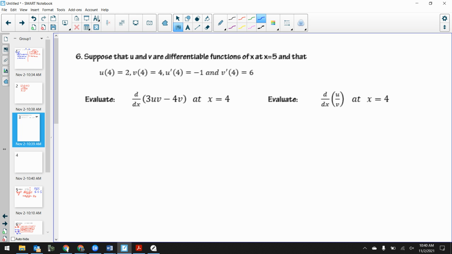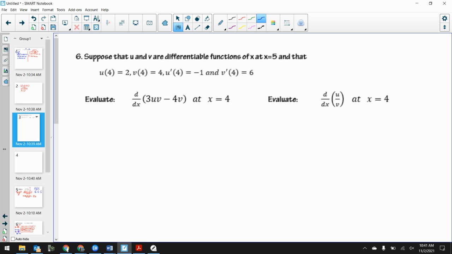All right. So suppose that u and v are differentiable functions of x at x equal 5. So we're saying that u and v are just two different functions. I could call them f and g, h and j, k and l, whatever.